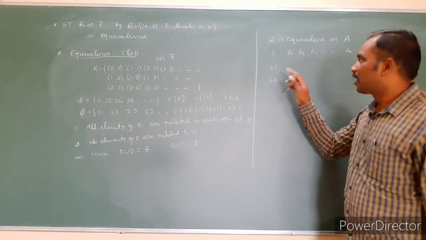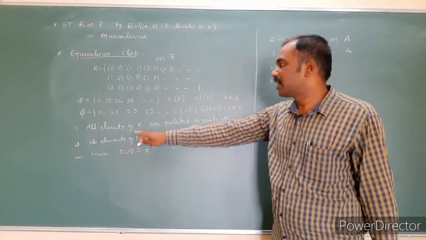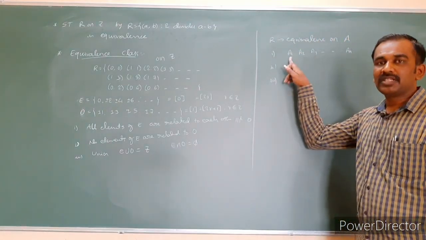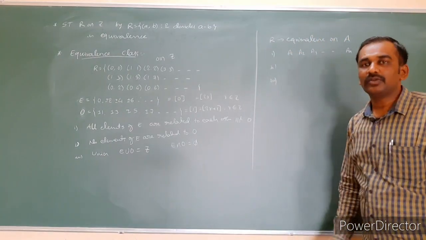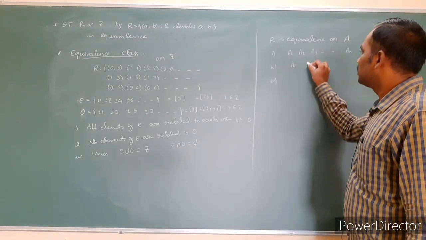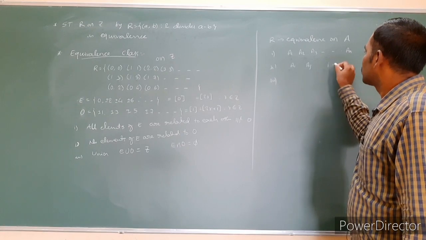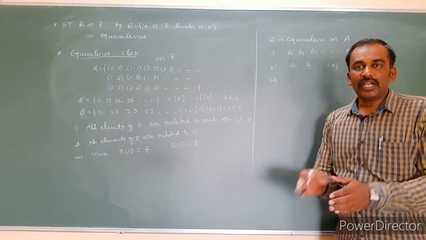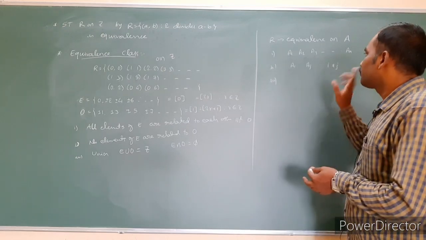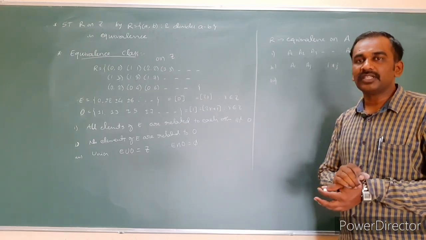Second condition: no element of the set Ai is related to any element of the set Aj, where Ai and Aj are two subsets and i is not equal to j.